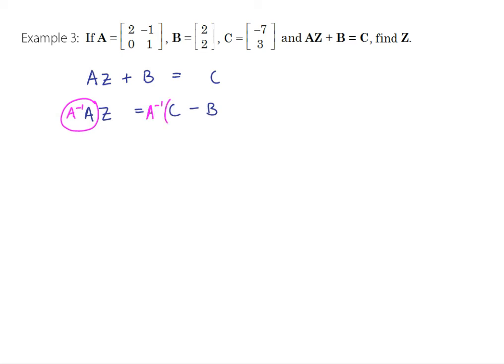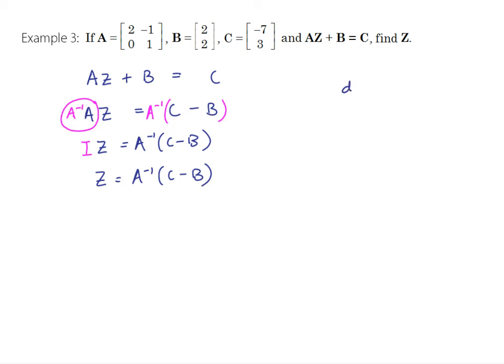We've got to be careful, we're doing the same thing to both sides, not just to part of the right-hand side. So we need to multiply the whole right-hand side by the inverse of A in order to have done the same thing. Okay, so we've got the identity matrix times Z is the inverse of A times C minus B. So Z is the inverse of A times C minus B.